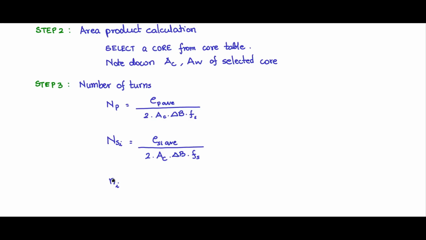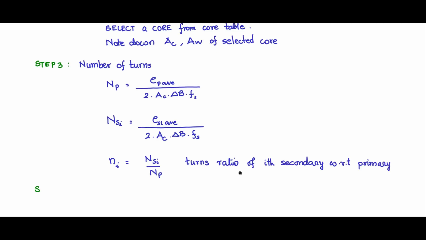And the turns ratio of the ith secondary winding with respect to the primary is given by NSi by NP.